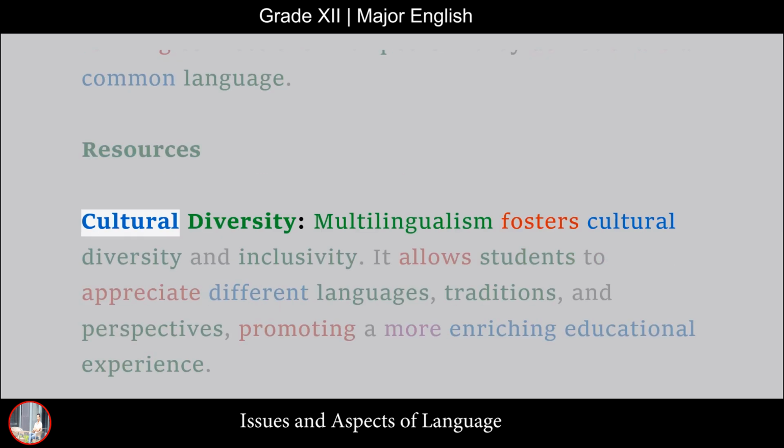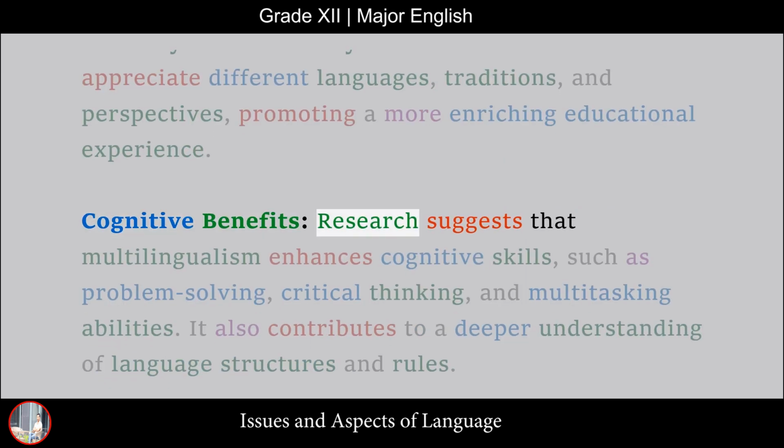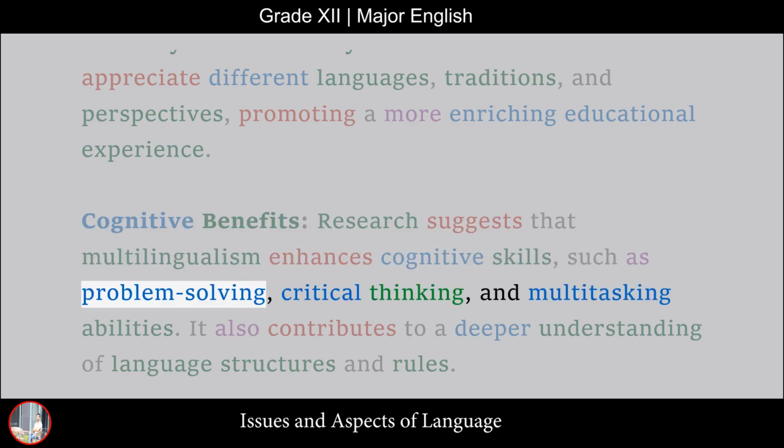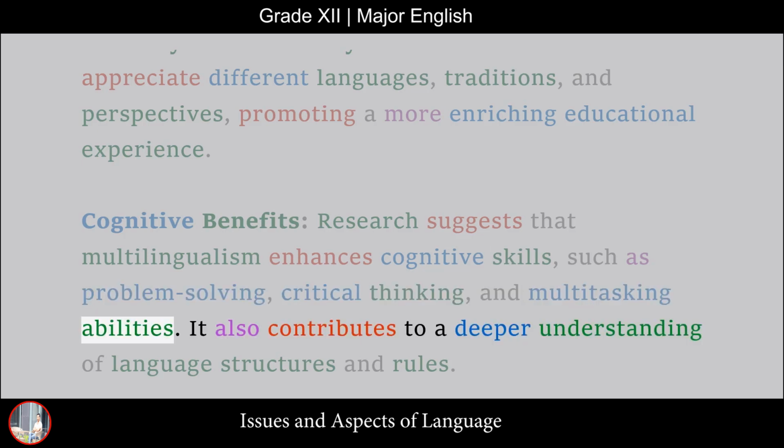Resources. Cultural diversity. Multilingualism fosters cultural diversity and inclusivity. It allows students to appreciate different languages, traditions, and perspectives, promoting a more enriching educational experience. Cognitive benefits. Research suggests that multilingualism enhances cognitive skills such as problem solving, critical thinking, and multitasking abilities.